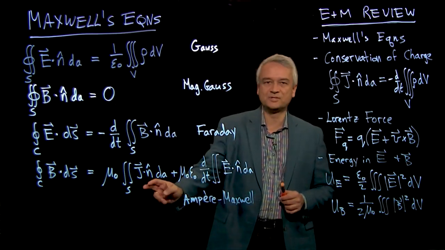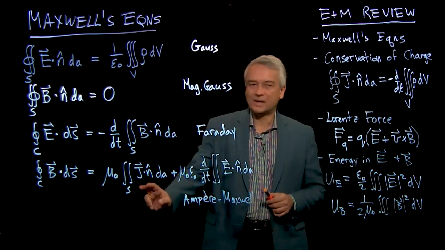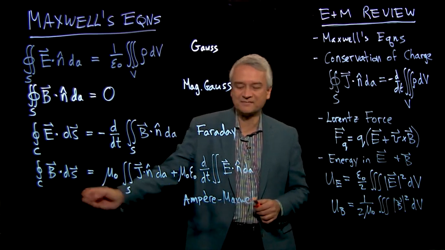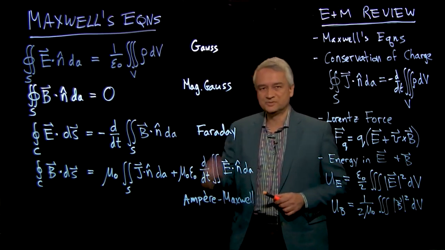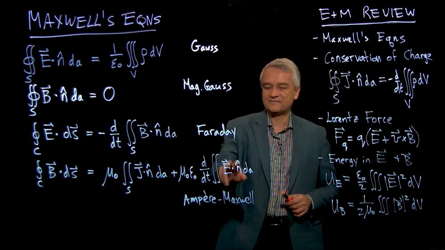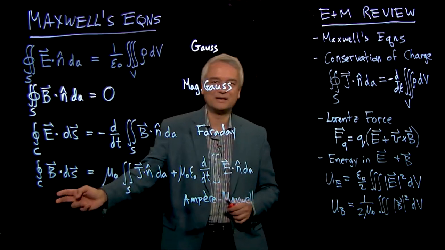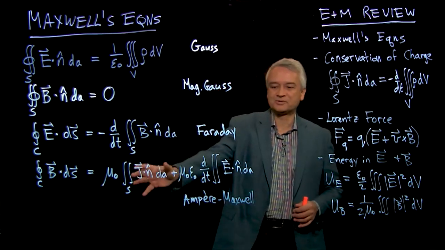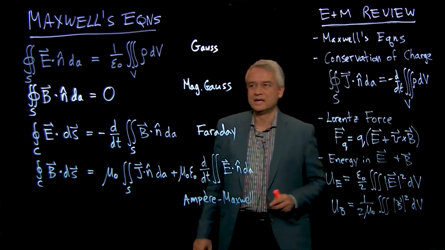The first term here, which is the term that Ampere discovered, says that electric currents, moving charge, make magnetic fields. And then the last term here, which we introduced most recently and is due to Maxwell, says that if I have a time-varying electric field, an electric field that's changing in time, that also makes magnetic fields. So I can get magnetic fields either from electric currents or from time-varying electric fields.